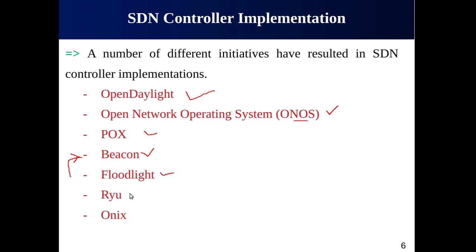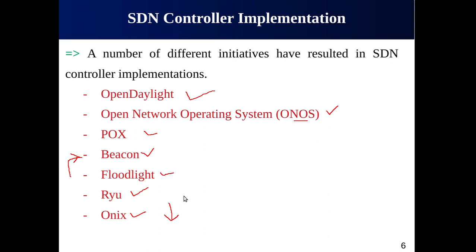Besides, we have two others, Ryu and Onix. The first one was developed by NTT Labs and is fully developed in Python. The last one is a distributed controller, and it was jointly developed by VMware, Google, and NTT. The downside of this last implementation is that it is commercial.